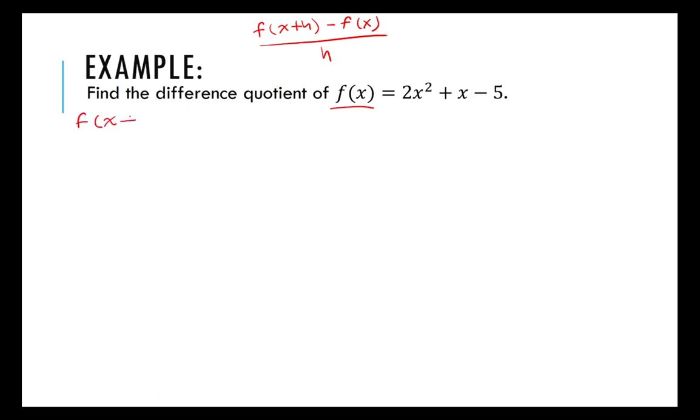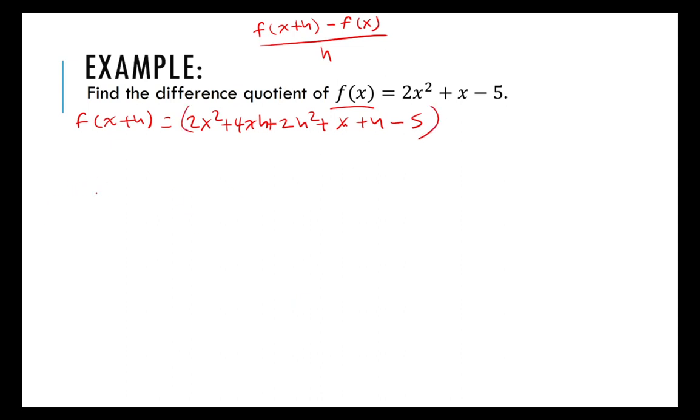We also know what f of x plus h is because we calculated it just a little bit ago. So f of x plus h is really equal to 2x squared plus 4xh plus 2h squared plus x plus h minus 5. And so that's the work that we did earlier. We just plugged in x plus h into the function, and then we simplified it. So then we just have f of x plus h minus f of x divided by h. So let's write that out. F of x plus h. Well, f of x plus h is all of this.